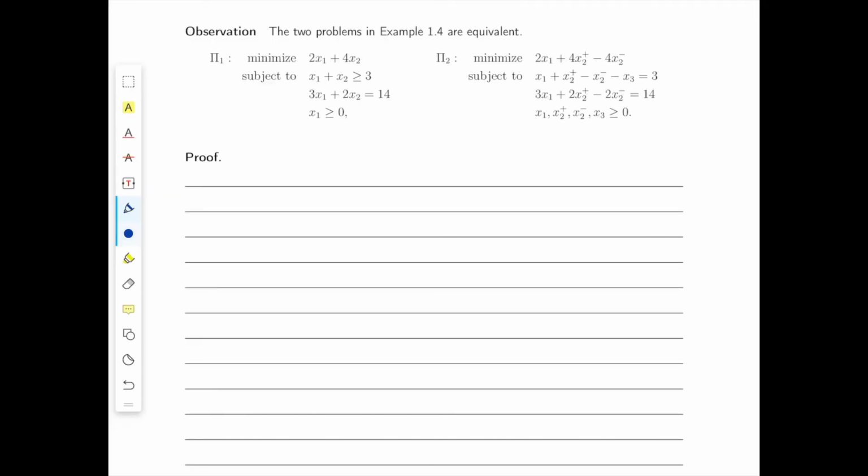In this observation, we want to use the lemma to prove that the two problems in the example 1.4 are equivalent, and these two problems are pi1 and pi2, which for our convenience are written here in the statement. So we use the lemma.